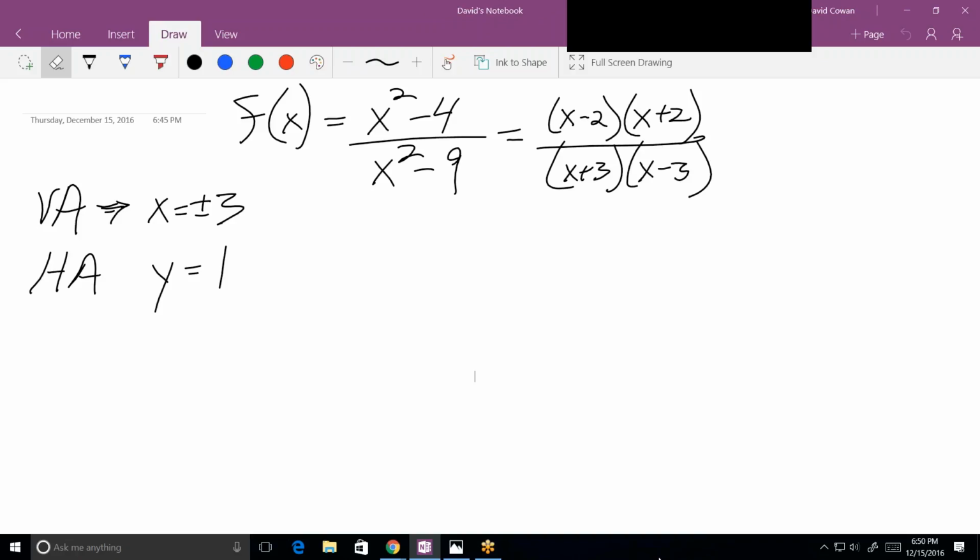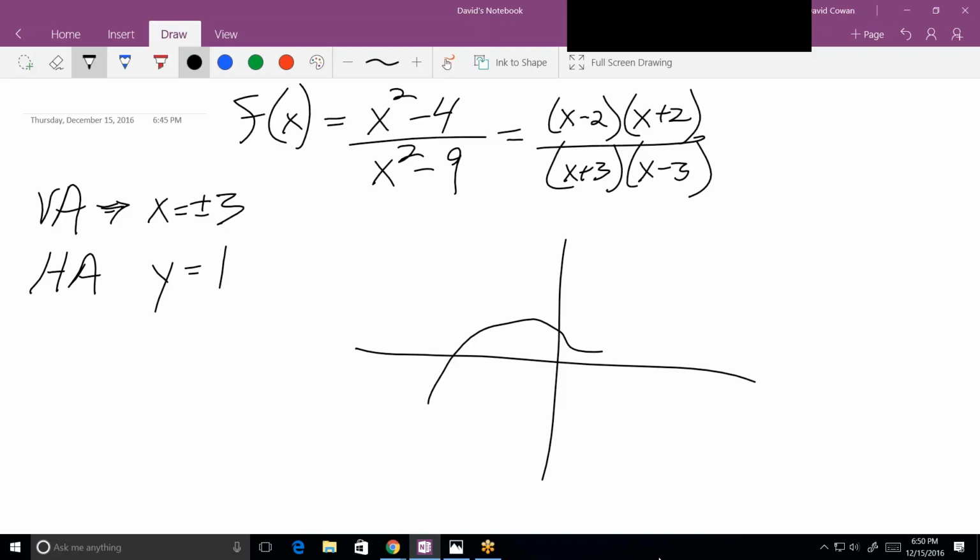Right. What else did they want here? They wanted intercepts also? Yes. Okay. What's the y-intercept? What's x equal to when you're on the y-intercept? This is the key question, and most people don't know the answer, but it's actually pretty obvious.